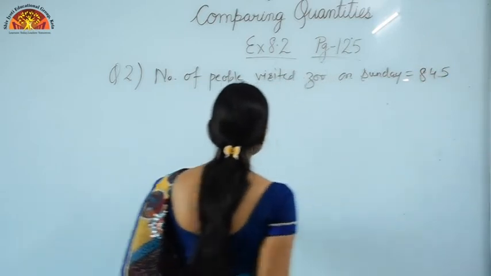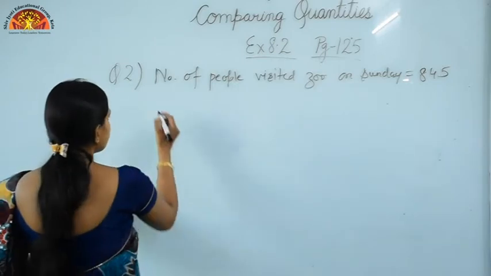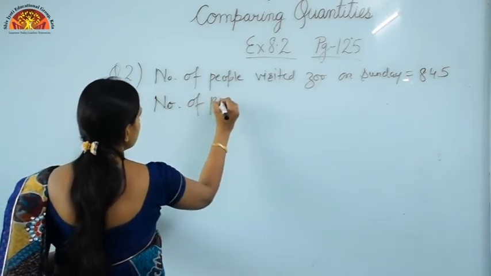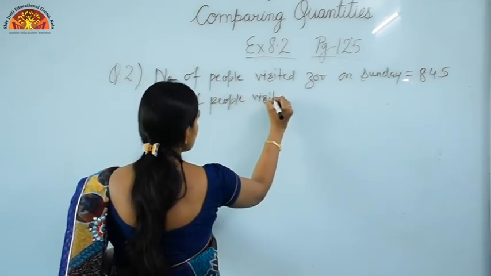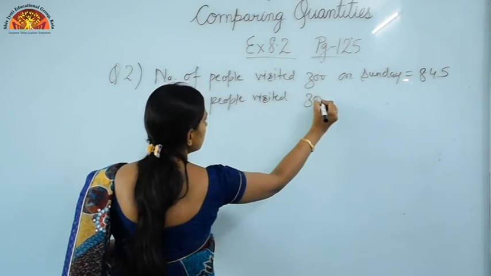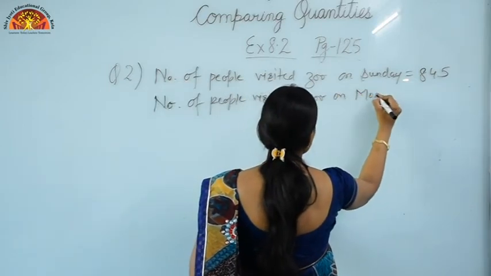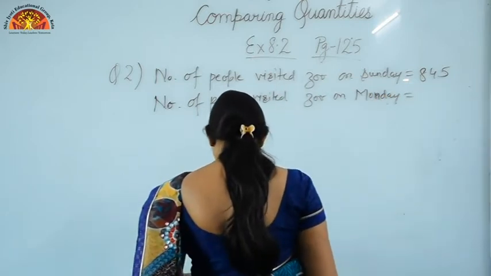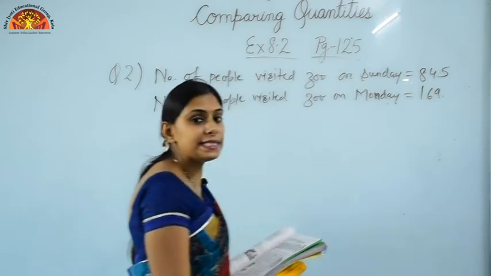So 845 people visited the zoo on Sunday. Now the number of people who visited the zoo on Monday is equal to 169. Okay, it is 169.